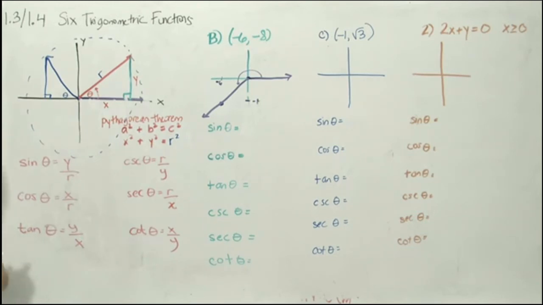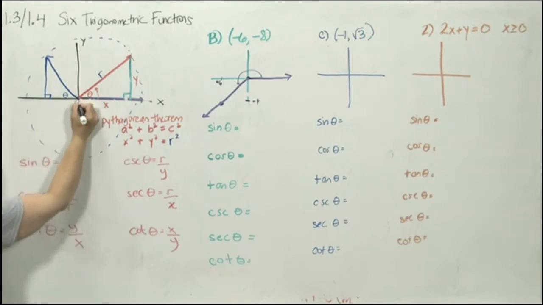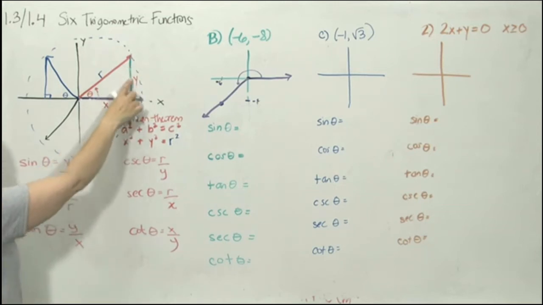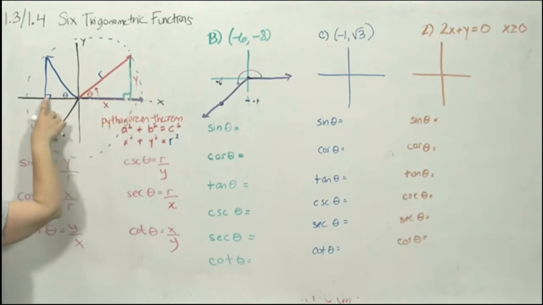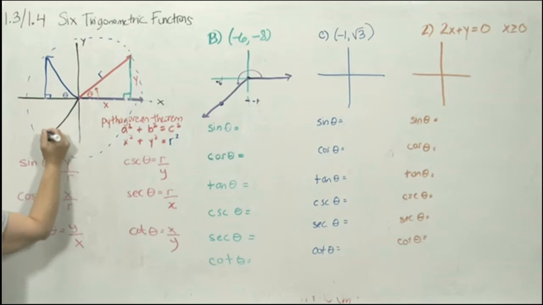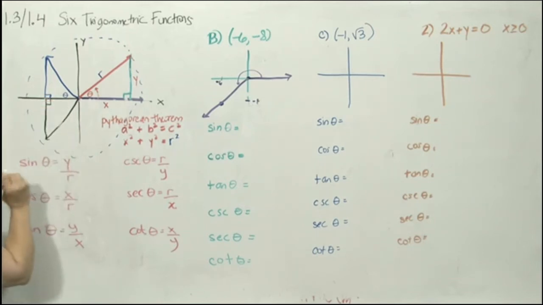If my terminal ray is in quadrant 3, again, the definition is we're going to draw a perpendicular. See how this perpendicular touches the x-axis? The same thing here. To draw a right triangle in quadrant 3, you're going to draw the perpendicular to the x-axis. So there would be your 90-degree angles. This would be your angle theta.